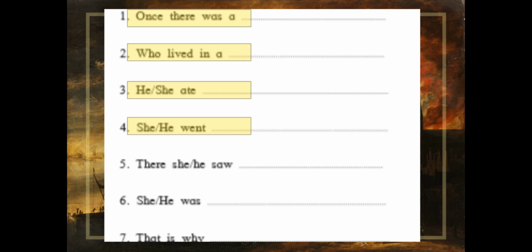Next question we have at number 5. There he saw. We can take it, she saw her friends, people from different places, someone stealing something, anything you can write. He was happy and contented, shocked and astonished, worried and troubled.